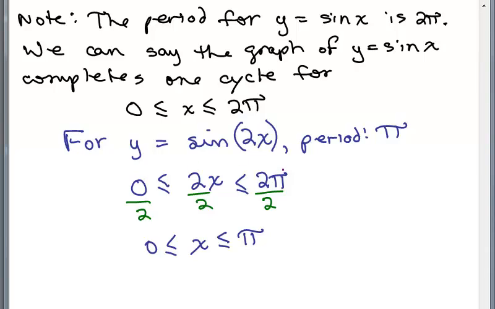Just the sine of x has a period of 2 pi, but then we have to solve for x. And what this tells us is that the period of y equals the sine of 2x is actually pi. So that was our conclusion. And so now we're going to do some more examples using this same method.